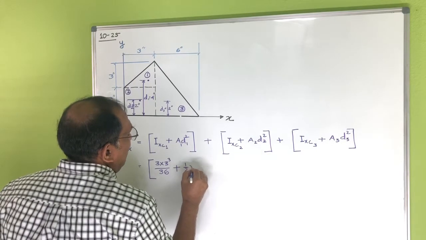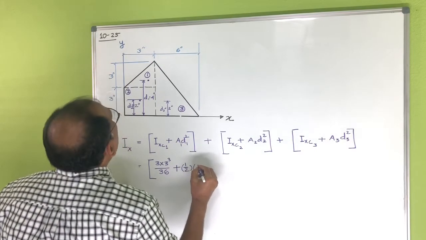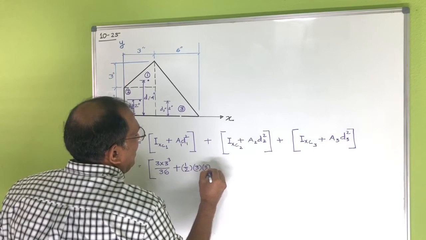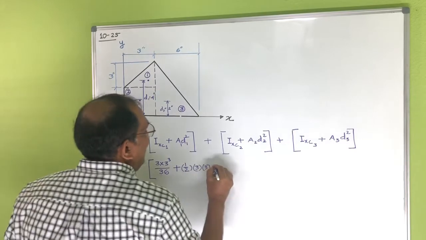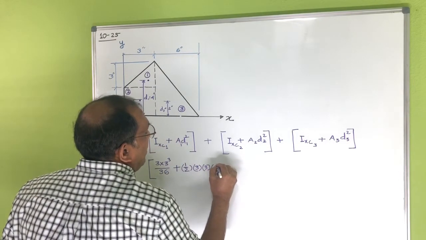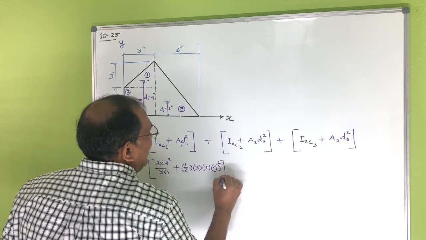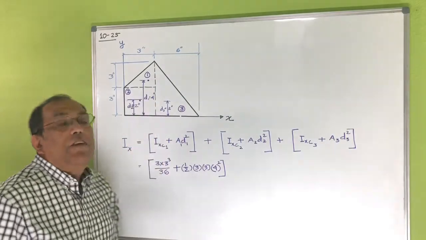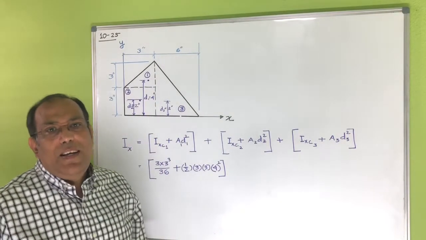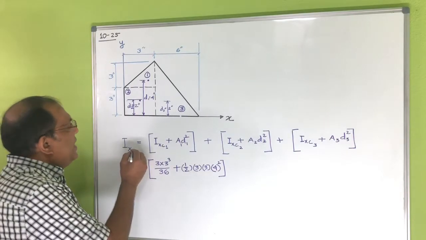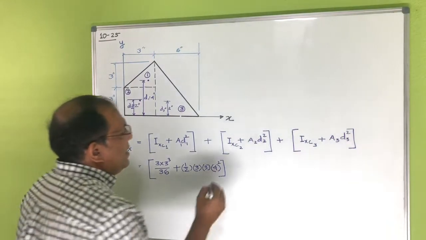It's half into 3 into 3, and your d1 is 4. That's the contribution of component 1 to the moment of inertia along the x-axis.